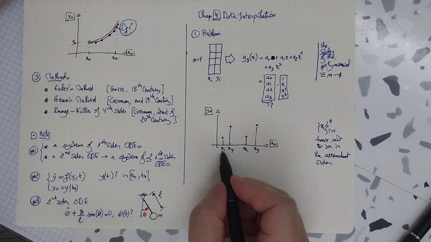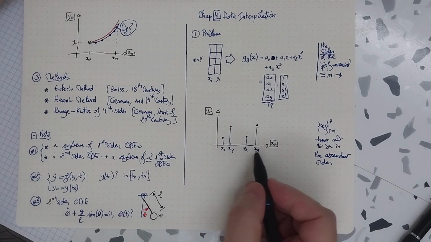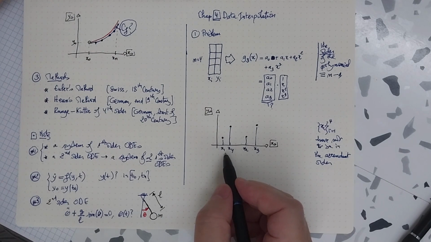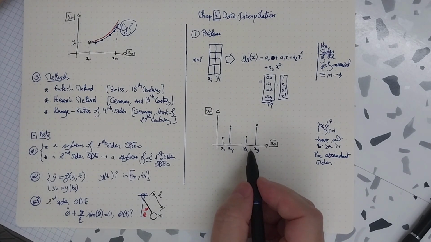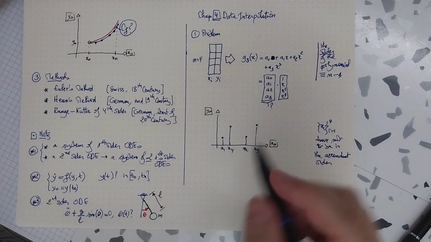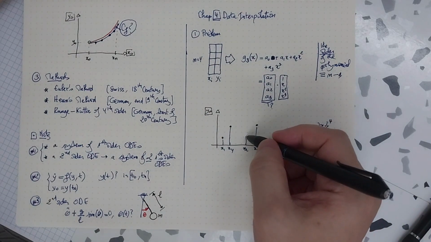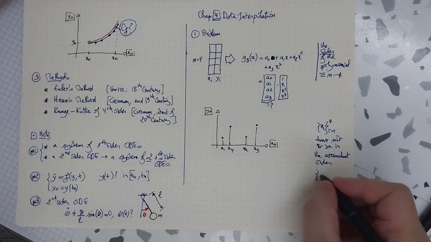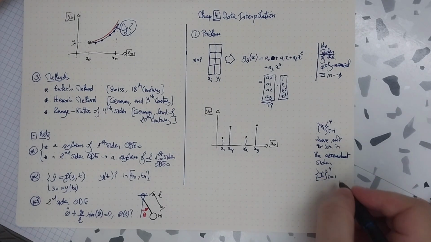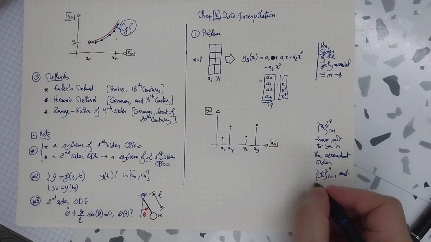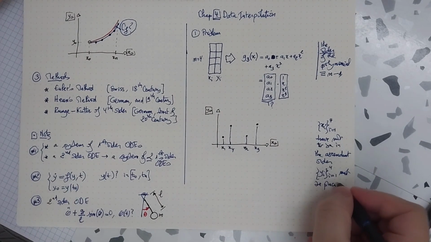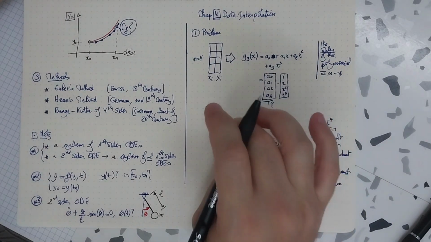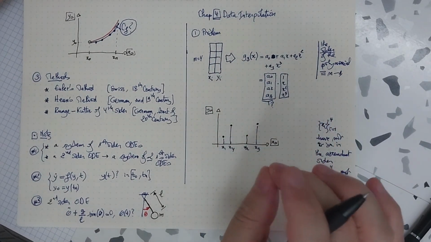So we have x1, x2, x3, and we come back to x4. And they do not have to be equally distant. But the value of yi, i from 1 till 4, must be precise. This is important. The error on them is very small.